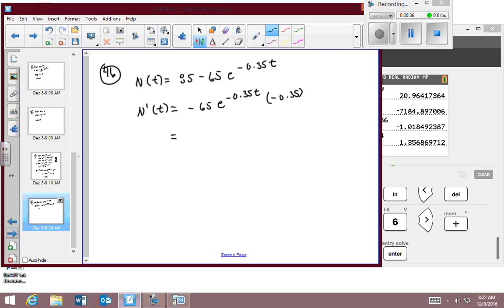So that makes the answer positive 22.75 e to the negative 0.35 t. Two decimal places.